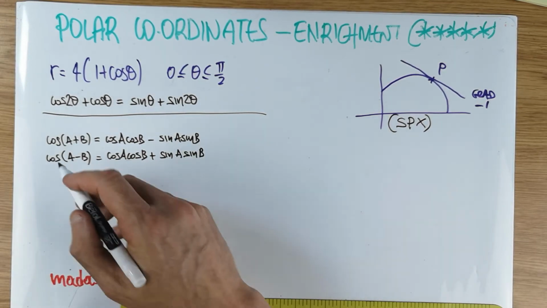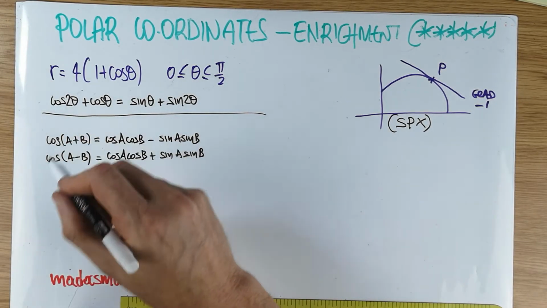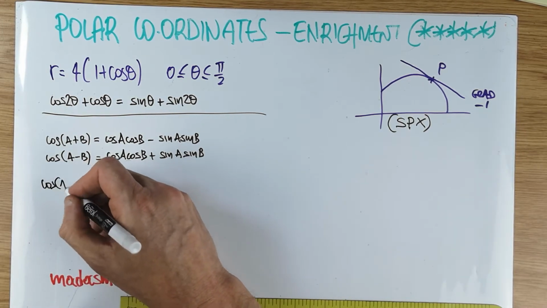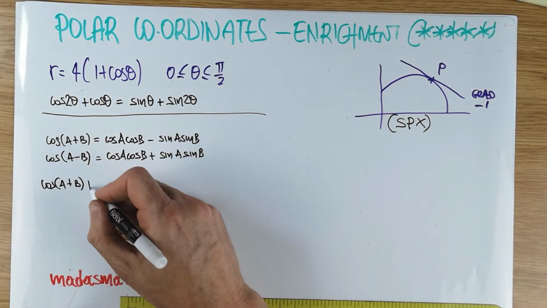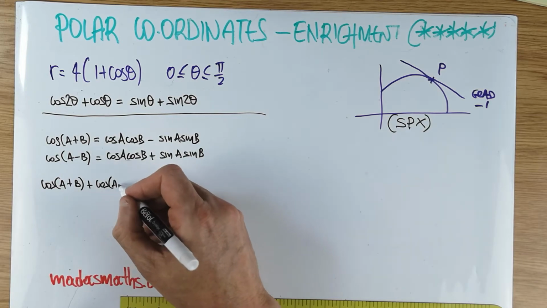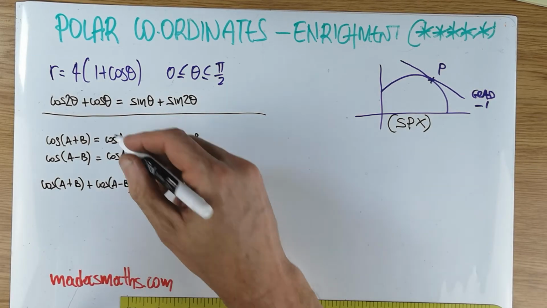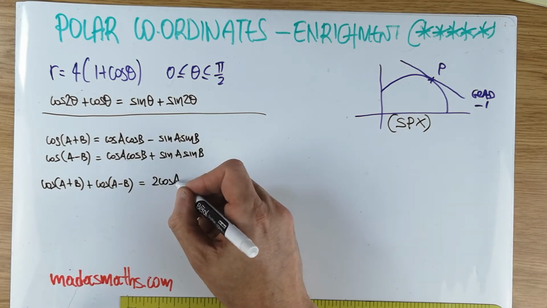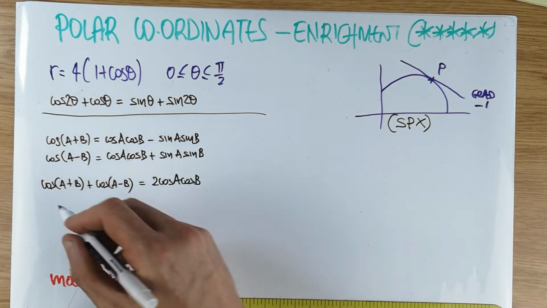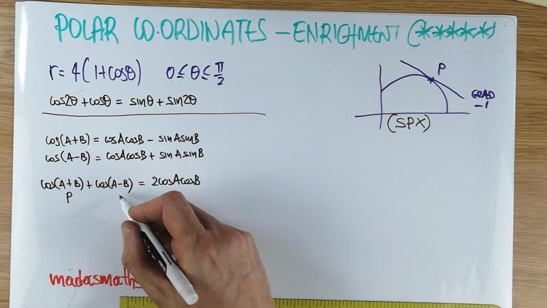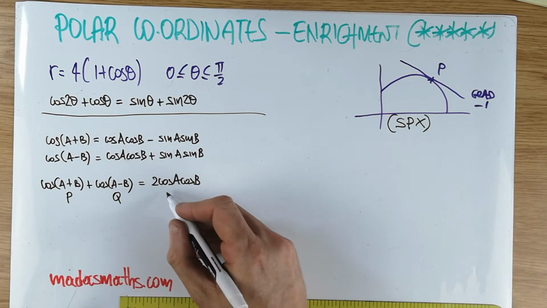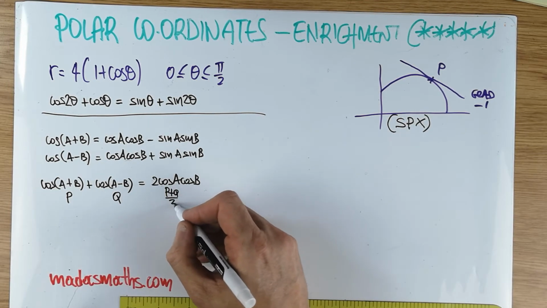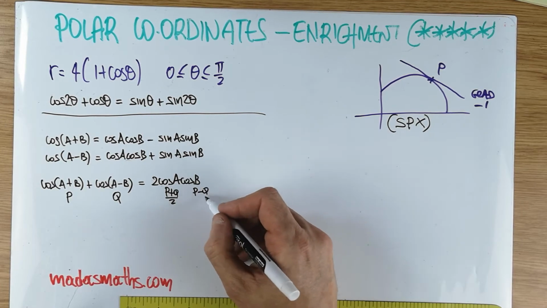And because I want to add the 2 cosines, I need to have cos(A plus B) plus the cos(A minus B). When I add them, this will cancel, and I get 2 lots of that. So it's going to be 2 cos A cos B. And if I let this be P, and this Q, this will be (P plus Q) over 2, and this will be (P minus Q) over 2.